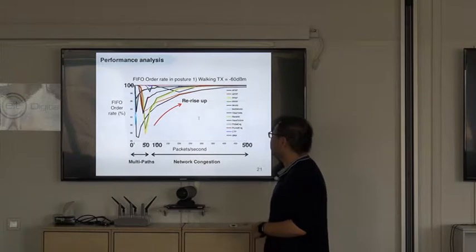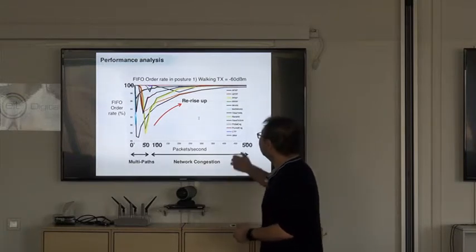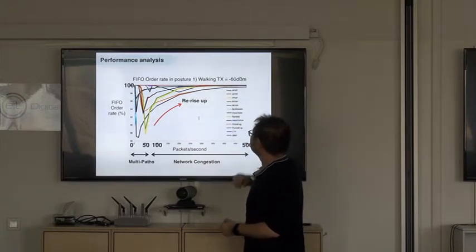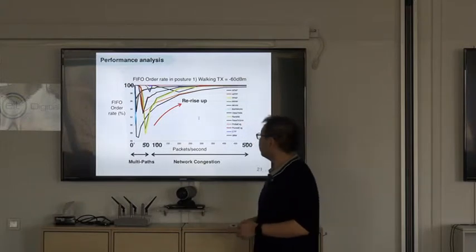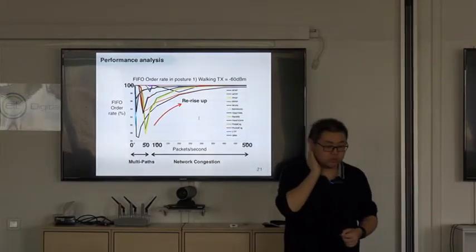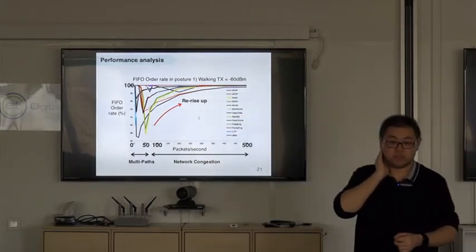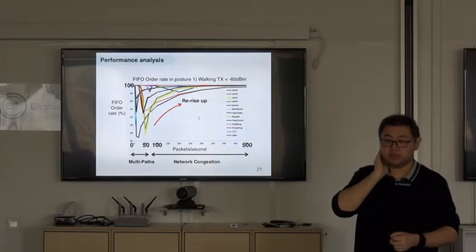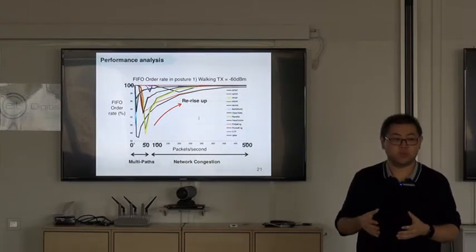And the second one is the out-of-order rates in posture 1 working, with the transmission power equal to -60 dBm. Here we can see for all the strategies, the in-order rate is not always equal to 100%. That means there are always wrong-order receptions during the transmission.